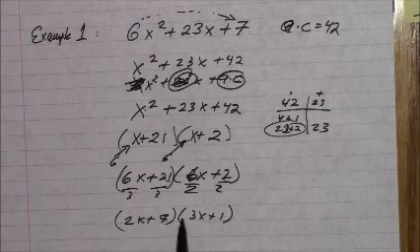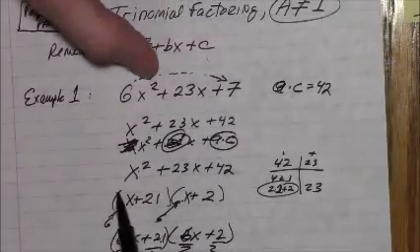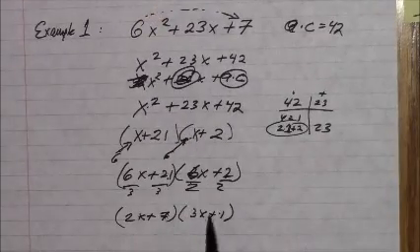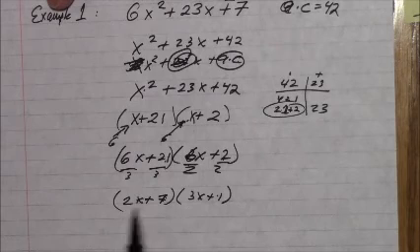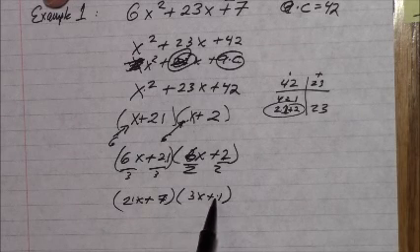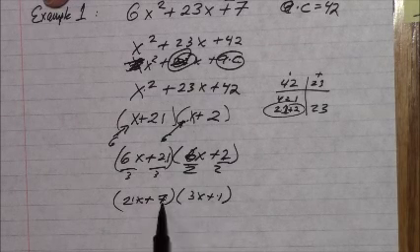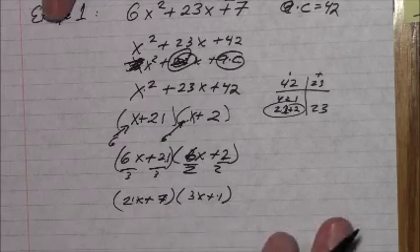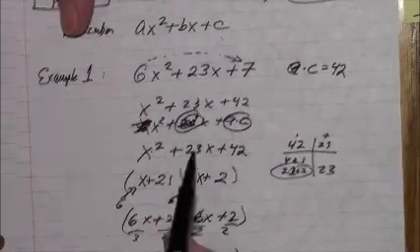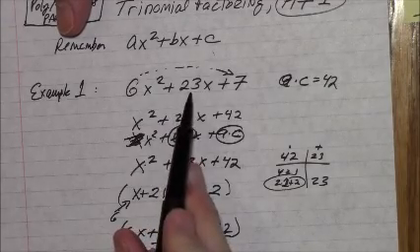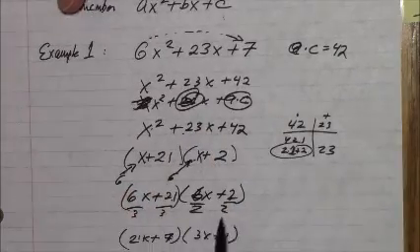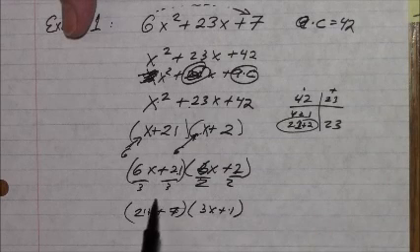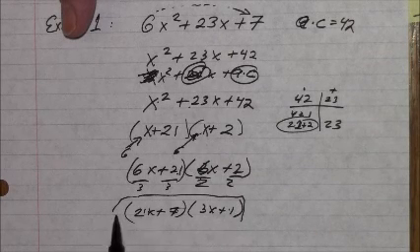Now, 2x times 3x, that's the 6x squared. 7 times 1 is the 7 at the end. 2x times 1 is 2x. 7 times 3x is 21x. 21x plus 2x is indeed 23x, like we have here. So if you multiply this one out, we get the original. So that means this is the answer.